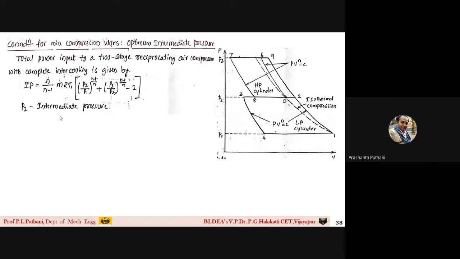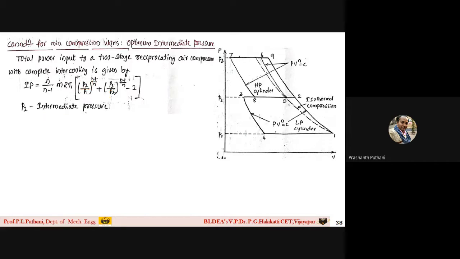That is n by n minus 1 mRT1 into P2 by P1 raised to the power of n minus 1 by n plus P3 by P2 raised to the power of n minus 1 by n, minus 2. If you observe, students, this particular pressure P2 between P1 and P3 behaves as the intermediate pressure. Already I have told why: for the first cylinder P2 is the delivery pressure, whereas for the second cylinder P2 is the suction pressure. Because of that, it is acting as an intermediate pressure.